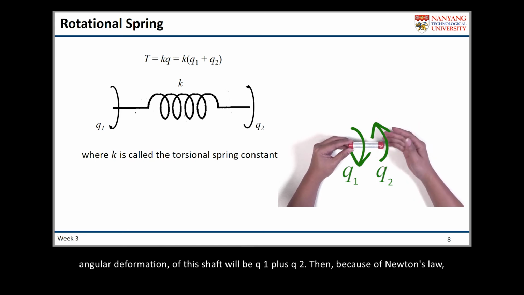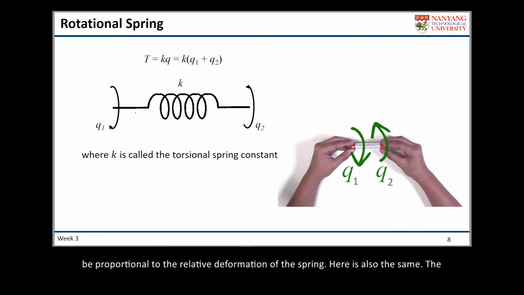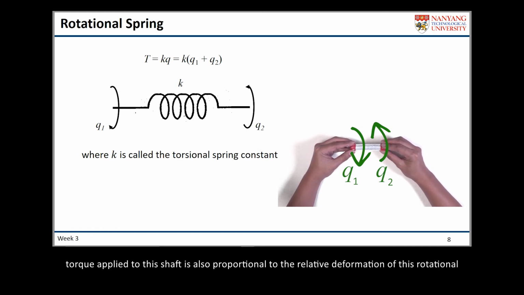And then because of Newton's law, similar to the translational spring, the force acting on the springs will be proportional to the relative deformation of the springs. In here, it's also the same. The torque applied to this shaft is also proportional to the relative deformation of this rotational spring.